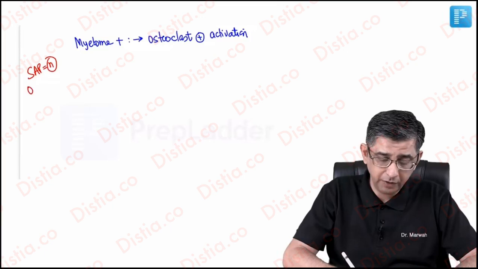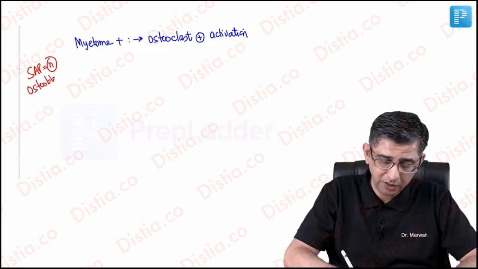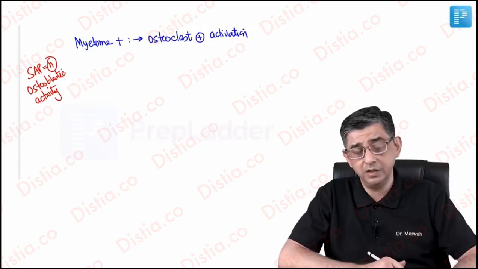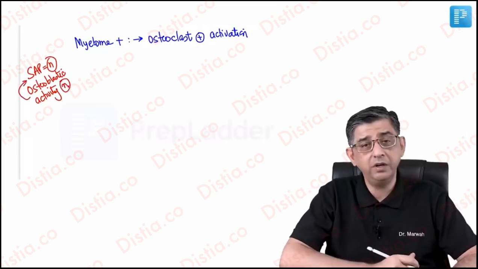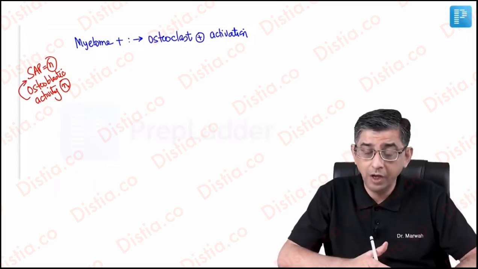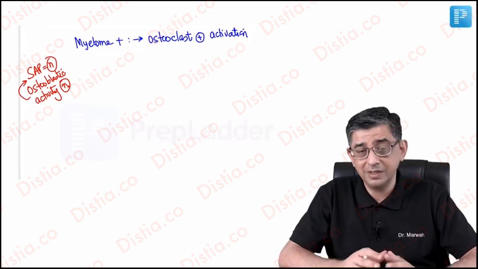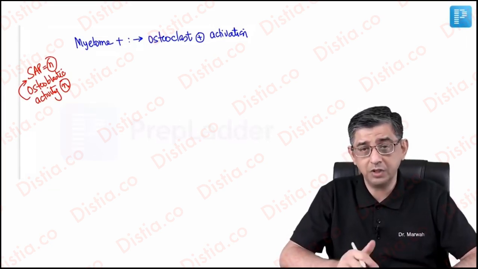Serum alkaline phosphatase is directly related to osteoblastic activity, and what I taught you was that in multiple myeloma, osteoblastic activity is not increased. Osteoblastic activity is normal. SAP is related to osteoblastic activity. The activity is normal, so SAP is normal. What is increased in these patients is the activity of osteoclasts, so the bone destruction will occur.